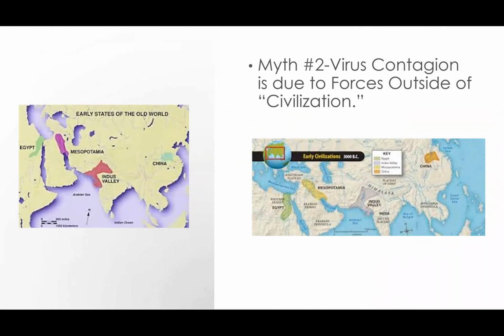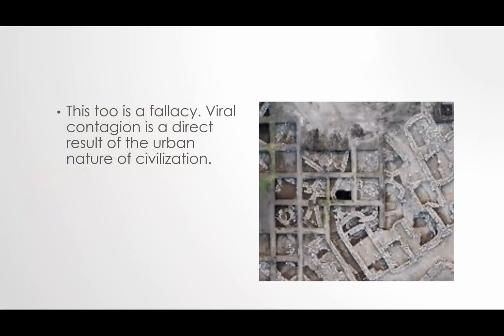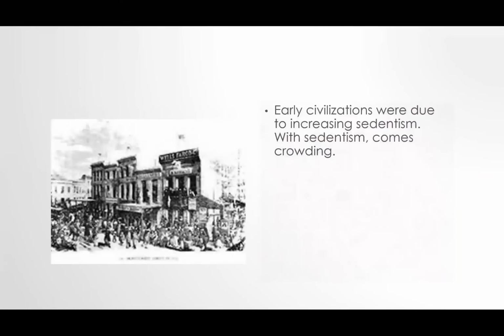Myth number two, virus contagion is due to forces outside of civilization. This too is a fallacy. Viral contagion is a direct result of the urban nature of civilization. Early civilizations were due to increasing sedentism.